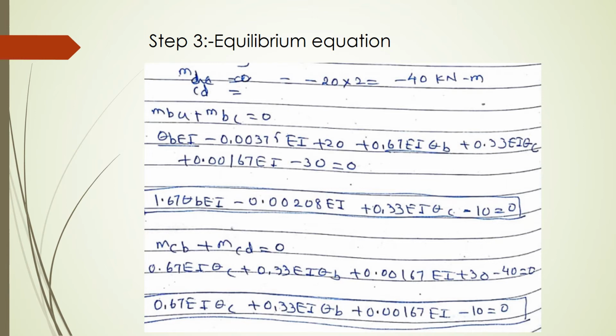So moment at that particular joint is equals to 0. So whatever is the moment MCD, that we have to write over here. So we have written it. So please add this MBA and MBC over here. We have written this equation, so add up these end moment equations.